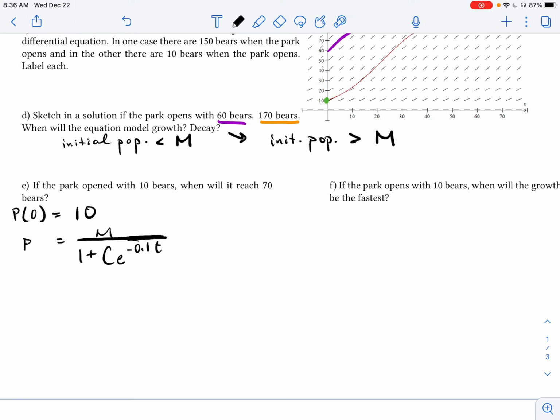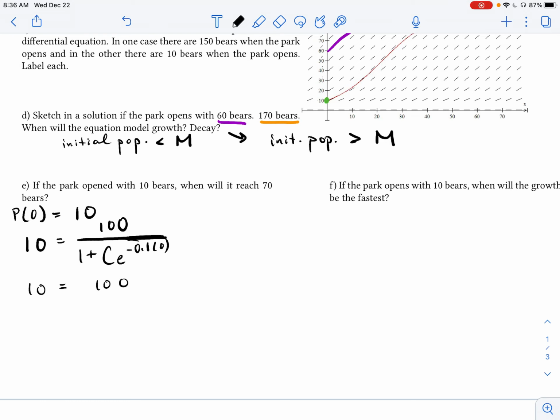Okay, and let's plug in what we know. If our initial population was 10, right? So let's swap that out. If our initial population was 10 and our carrying capacity is 100, and this is our population when we first start out, that means t is equal to 0 here. So to solve this, we're solving effectively for c.